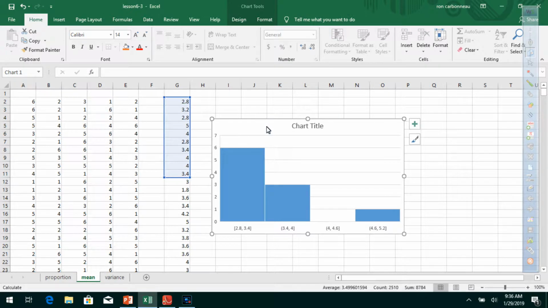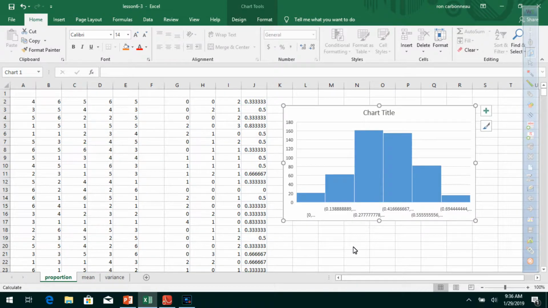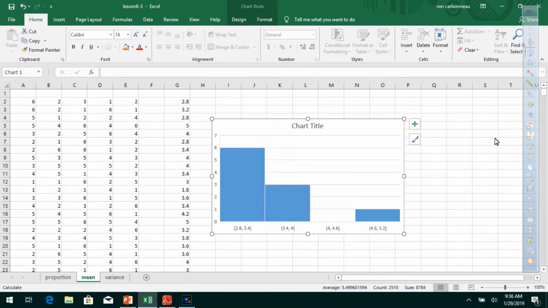I'm going to say it's probably about 3.5. Here on the proportion, it should have been 0.5, and that's about right there. Here, the mean should be about 3.5.